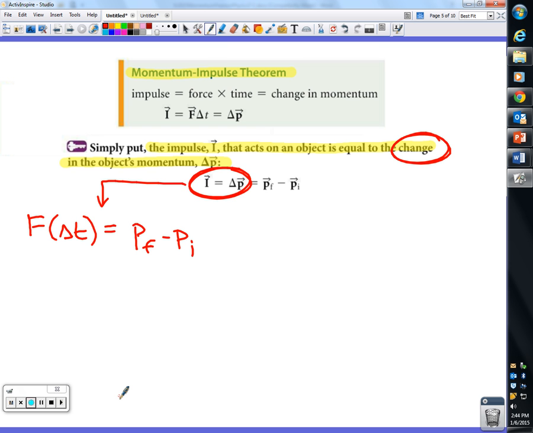But we learned yesterday that the momentum of an object, whether it's the final momentum or the initial momentum, depends on two factors of its own. What are those two factors? Mass and velocity. So we expand it out and now it looks like this.